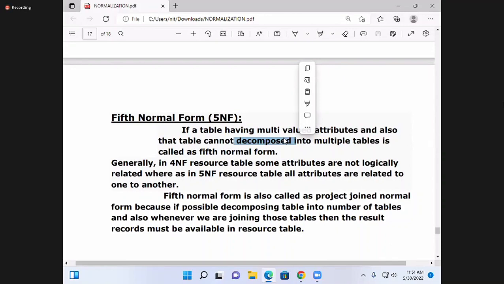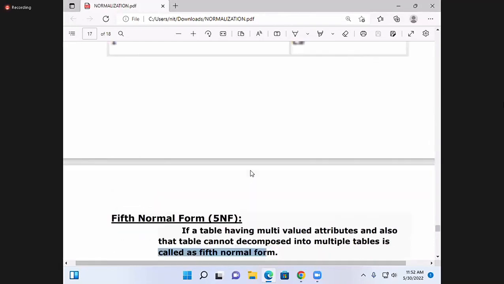Split, divide. So fifth normal form: suppose your table has multi-valued attributes, multi-valued columns, and also that table cannot be split, cannot be divided into multiple tables. That is the fifth normal form.